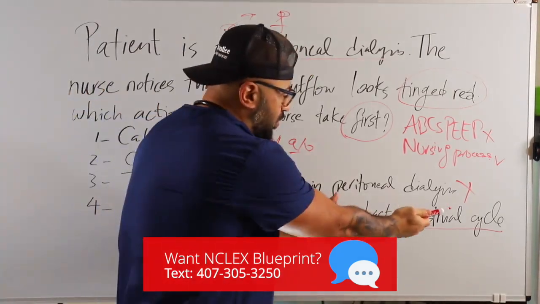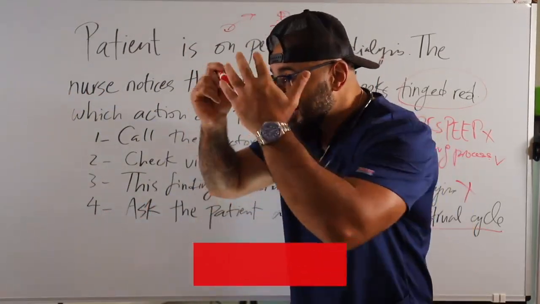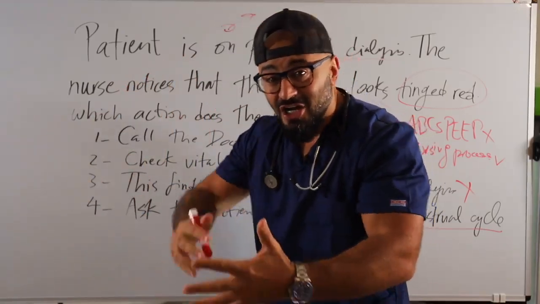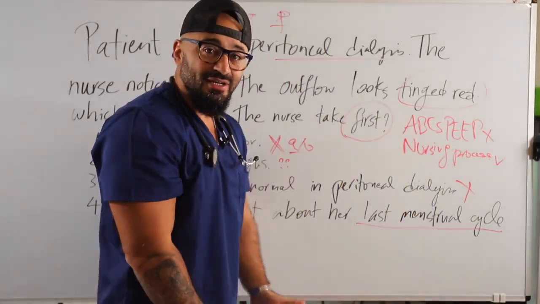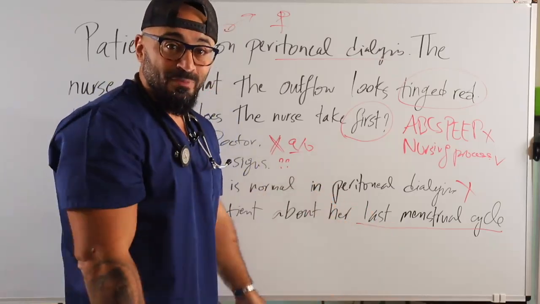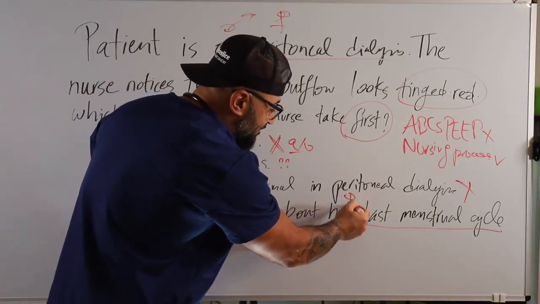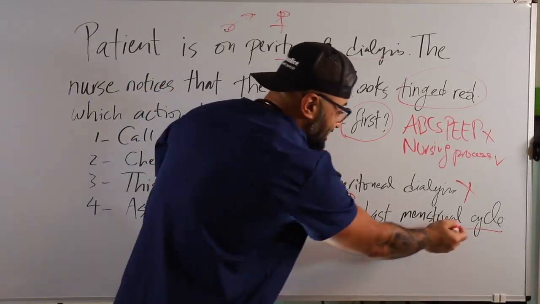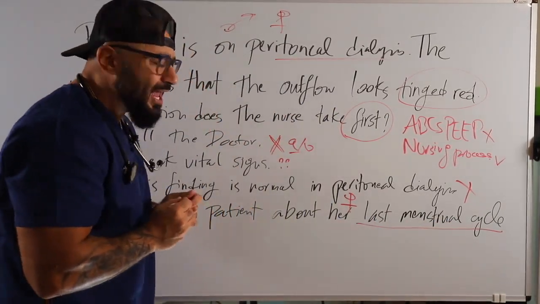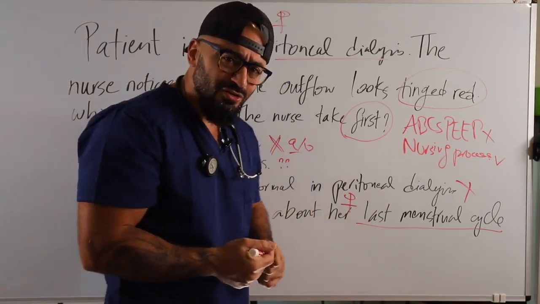How would I know? Come on, man. You think the NCLEX is not going to trick you into things? They would say, dude, assume this or that. Put the 2 options. So if you assume that the patient is a female and her last menstrual cycle, of course you're going to ask her, hey, are you during your menstrual cycle, right?